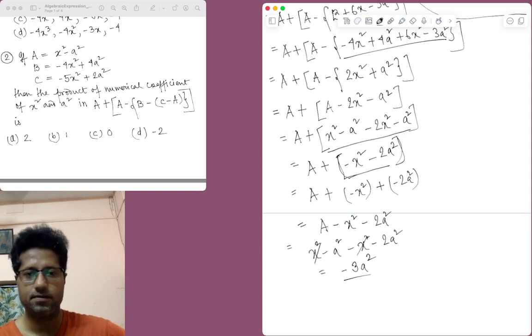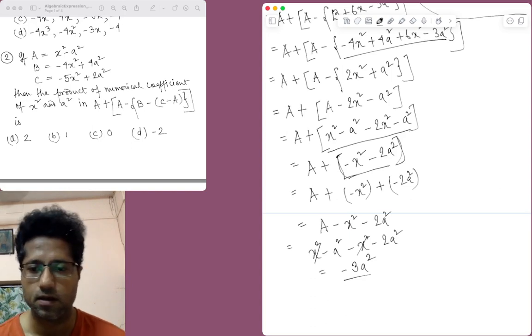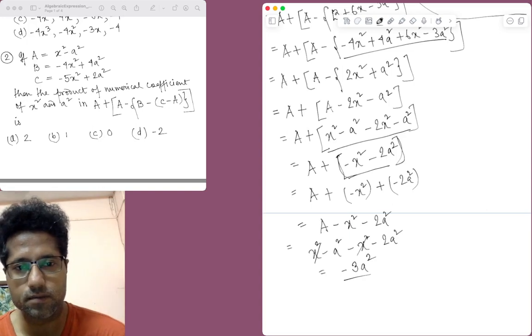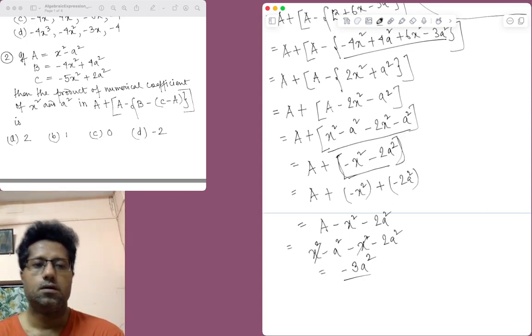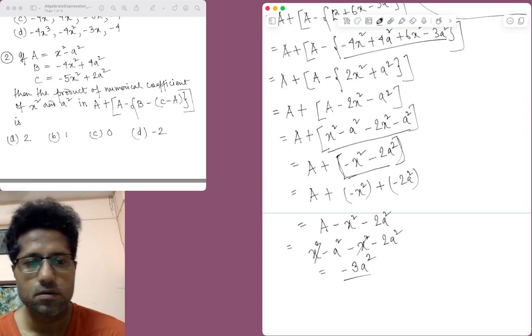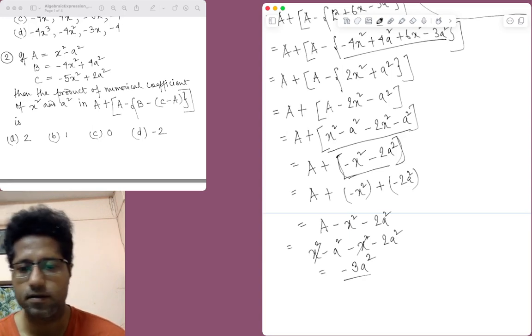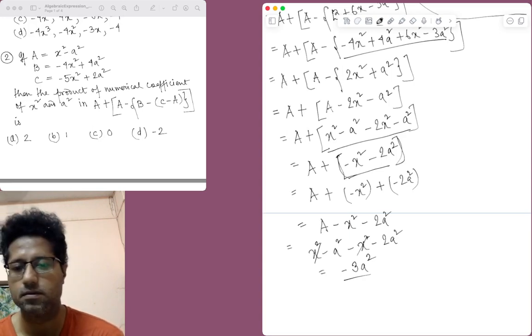Now the simplified algebraic expression is minus 3a square. Now what is the numerical coefficient of x square in minus 3a square? It is 0 because there is no x square in this term, whereas the numerical coefficient of a square in minus 3a square is minus 3.